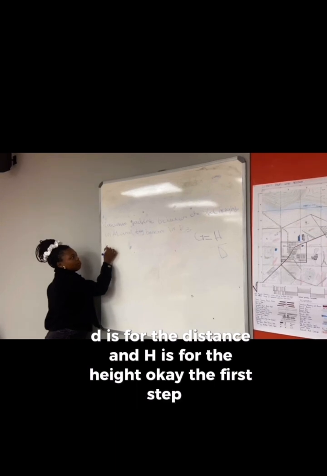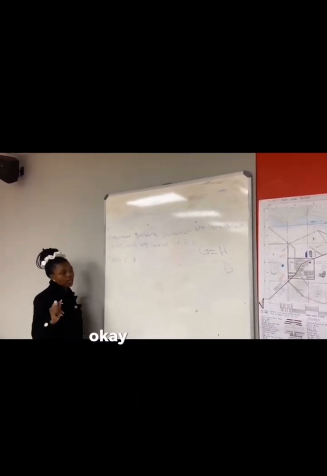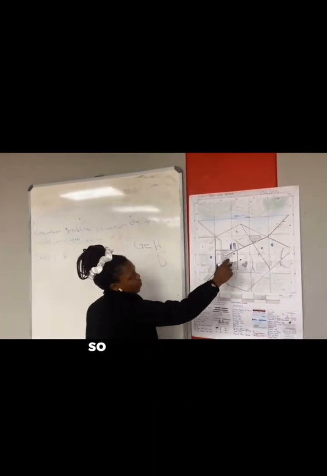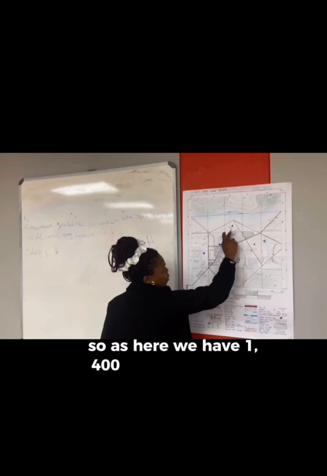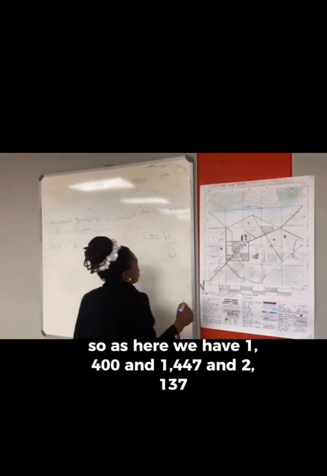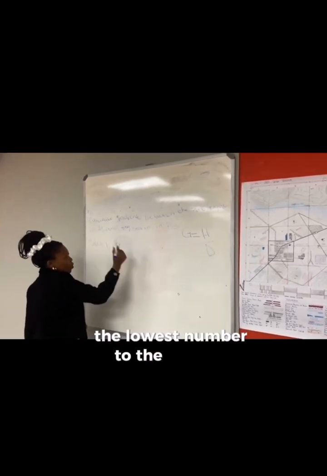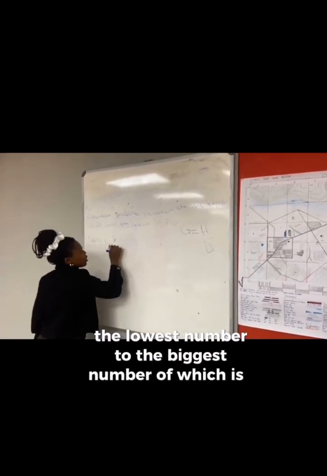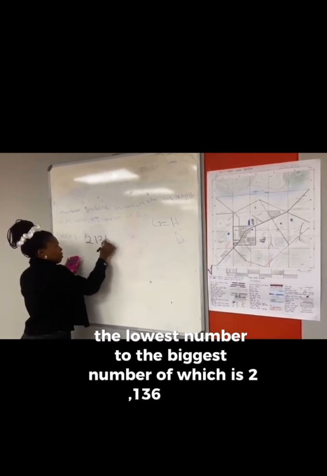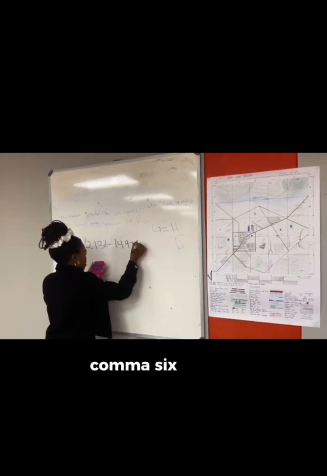Okay, the first step is to calculate the height difference between the two. Here we have 1,447 and 2,136. We subtract the lowest number from the biggest number, which is 2,136 minus 1,447.